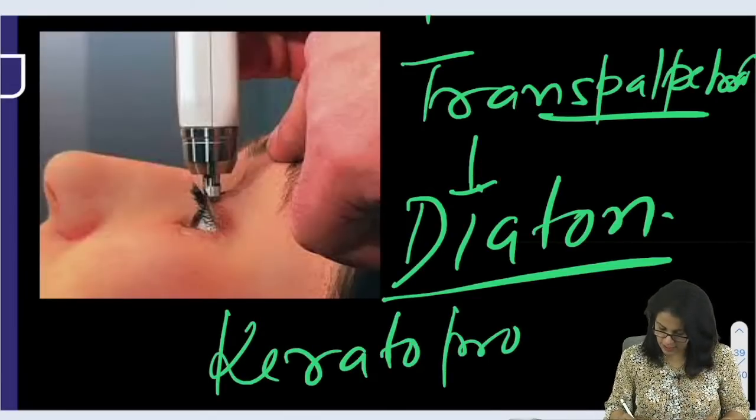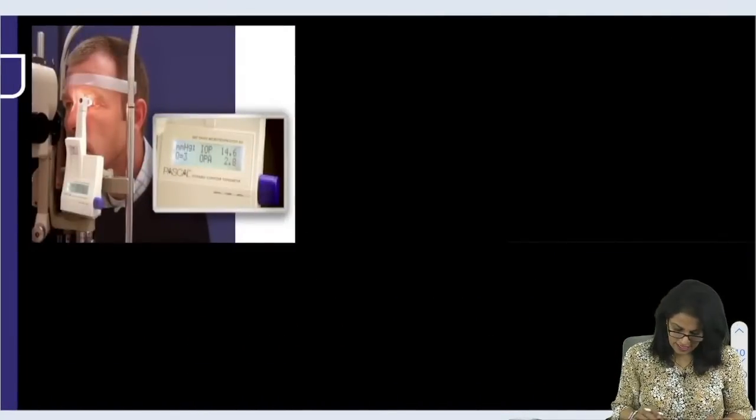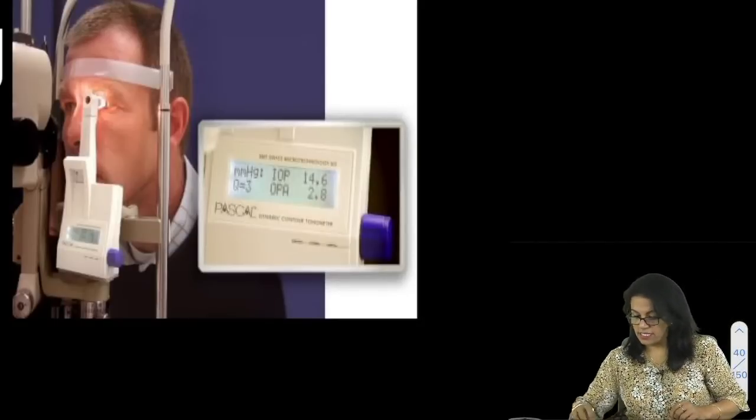Chalo next padhte hain. What are you now looking at? Can you answer me this one, all of you? I am going to wait for your answer. What is this type of tonometer? Quickly.